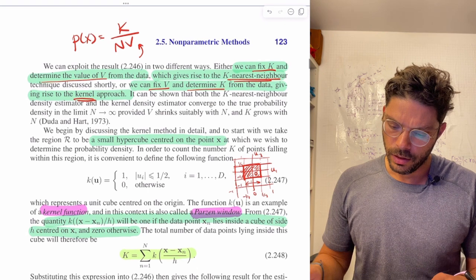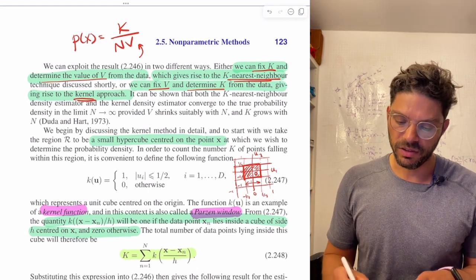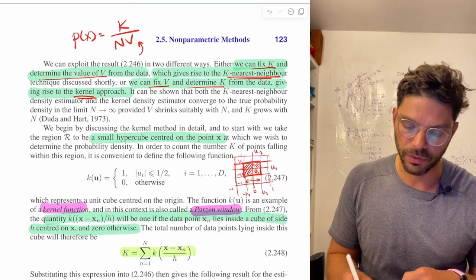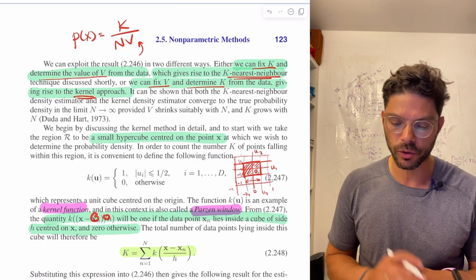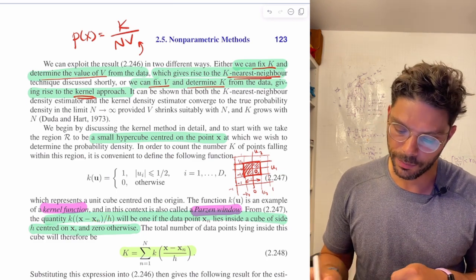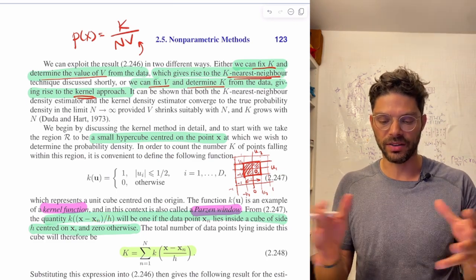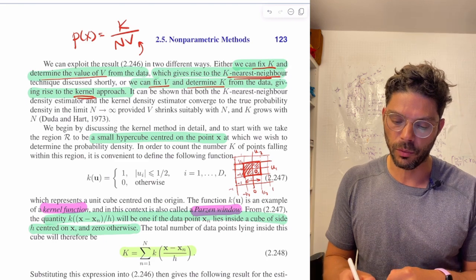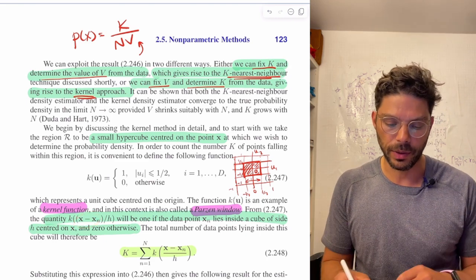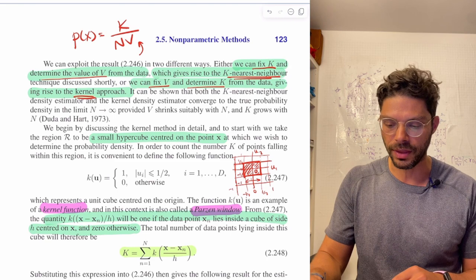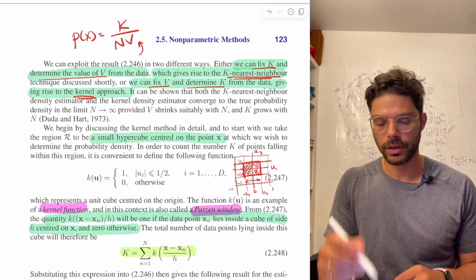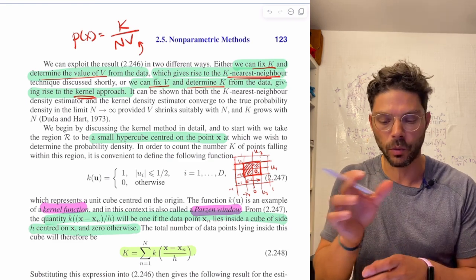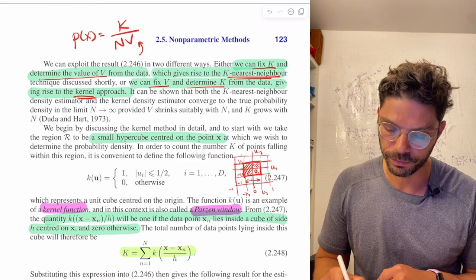Now how are we going to use this? We have this X, and our data points, (X minus Xn) over H, where H is our sense of scale. This will see whether the nth data point is within H of X in all the coordinates, that is, whether it falls within a window of plus or minus H over 2.